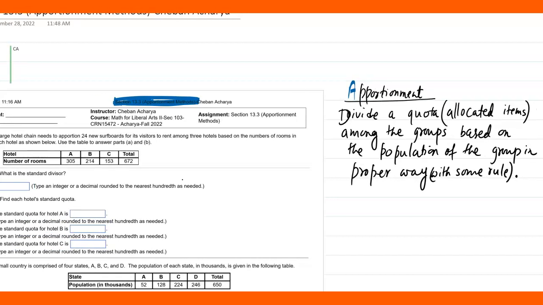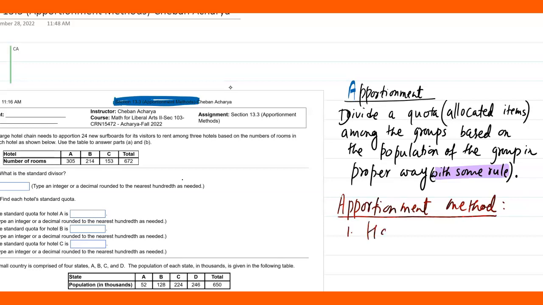And I say it's with some rule. Therefore, there are a couple of rules for the apportionment method, and there are 4. Let me write down the rules here. It's called the apportionment method. And this method includes, number 1, Hamilton method.